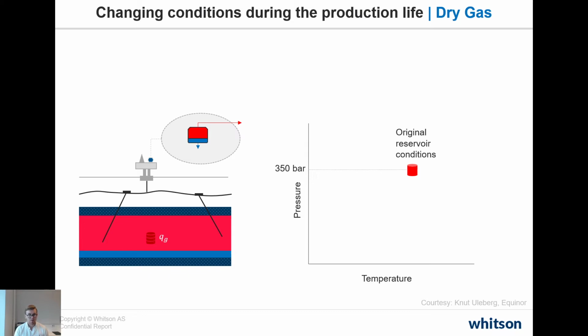But before we do that, I would just like to communicate a few different important reservoir fluids in terms of just what they produce at surface, and how that changes over time, with no PT diagrams.